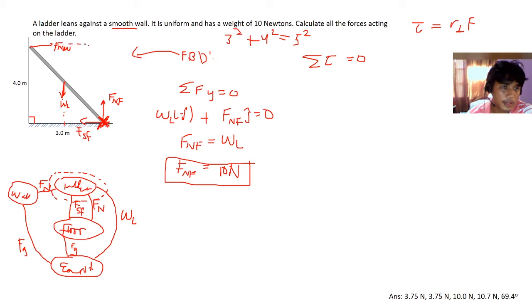So here's the line of action. I'm going to draw the line of action of the force right there. The line of action of the force, you just draw dashed lines.